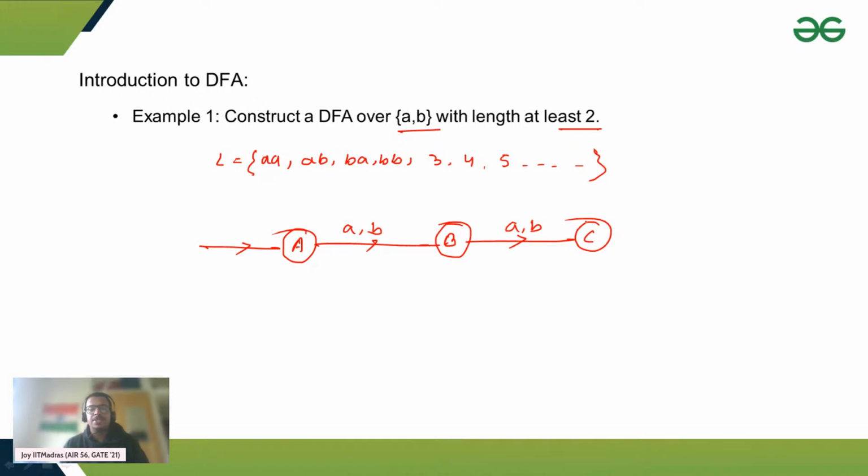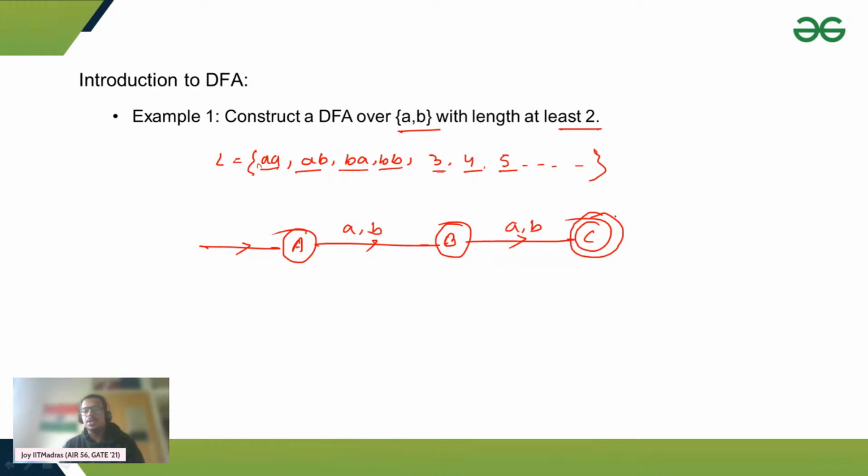After scanning two symbols, we reach state C. If two symbols are scanned, then that string should be accepted, so C will be our final state, accepting these two symbols. This is for strings of length 2, and we should also accept all the strings which have length greater than 2.